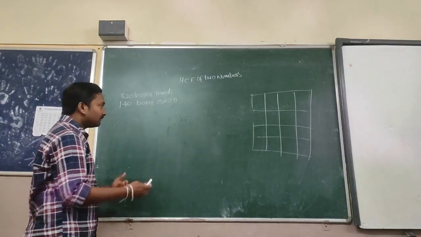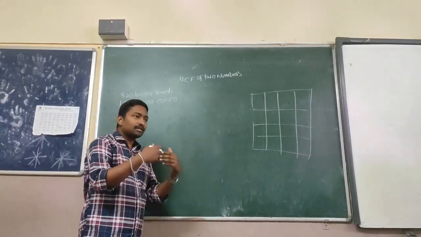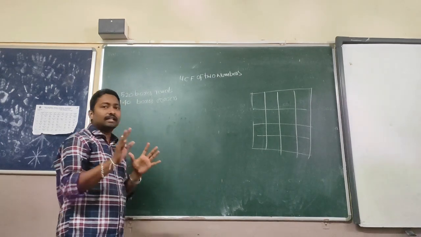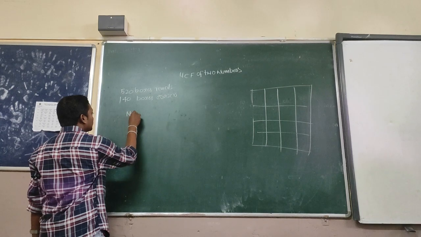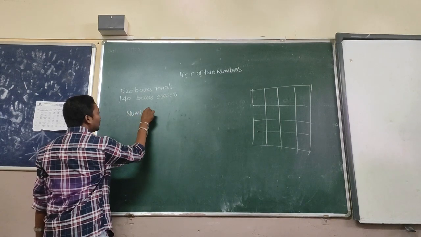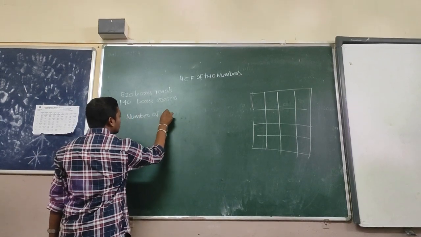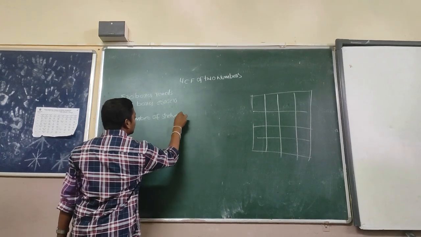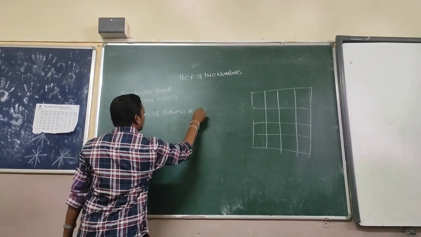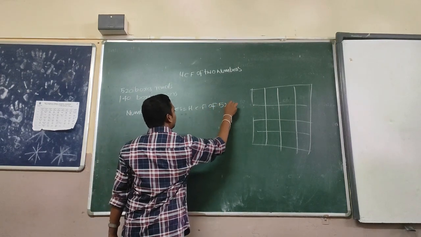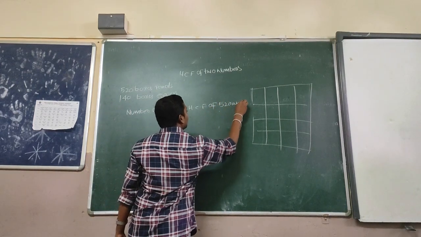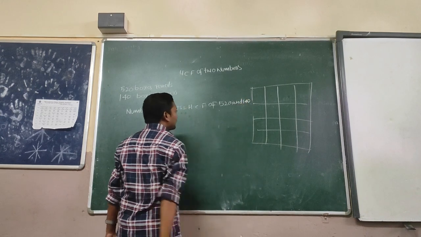Mr. Chakra is thinking and he got an idea: the least number of shelves is equal to the HCF of 520 boxes of pencils and 140 boxes of erasers.